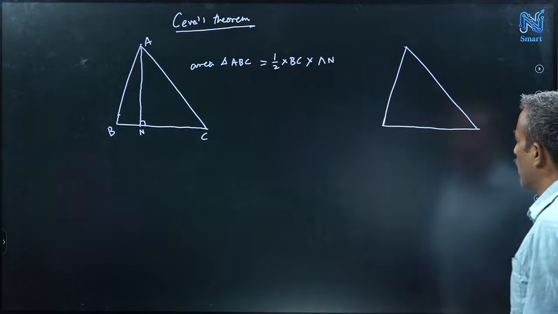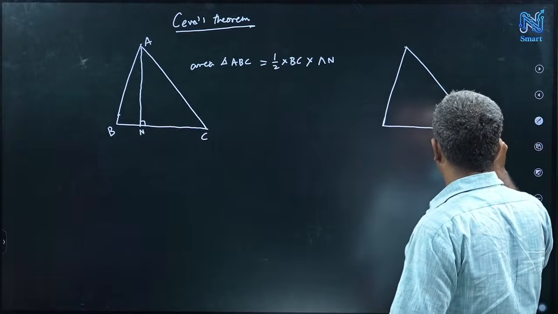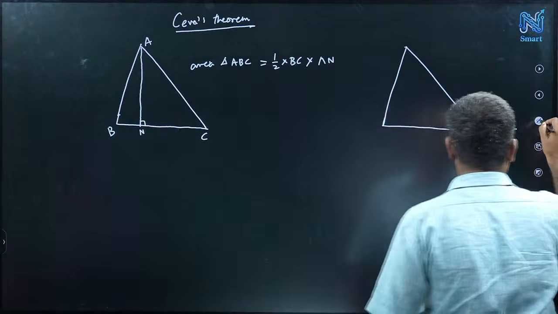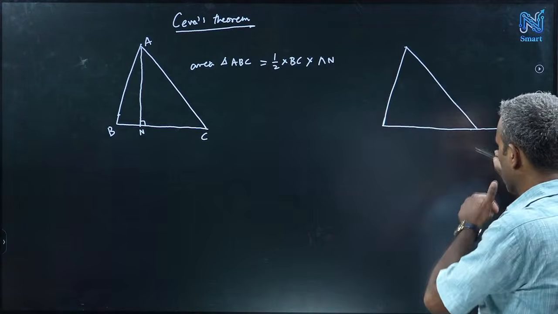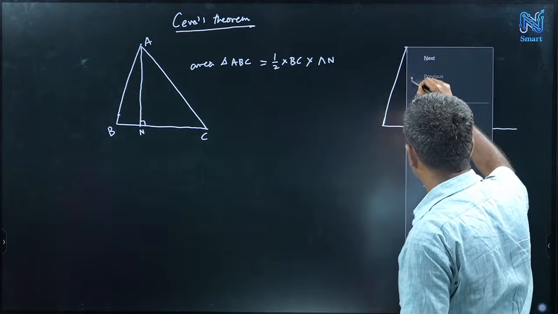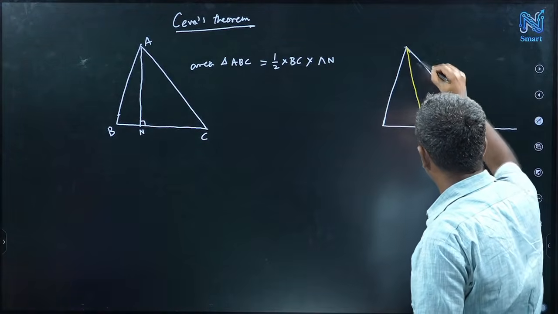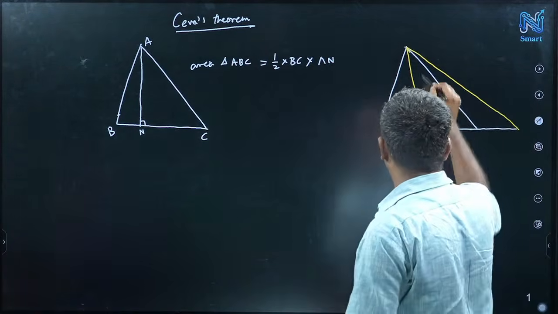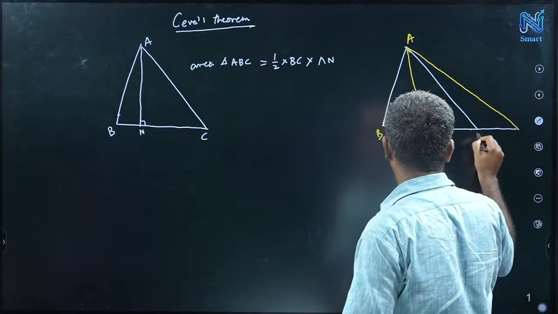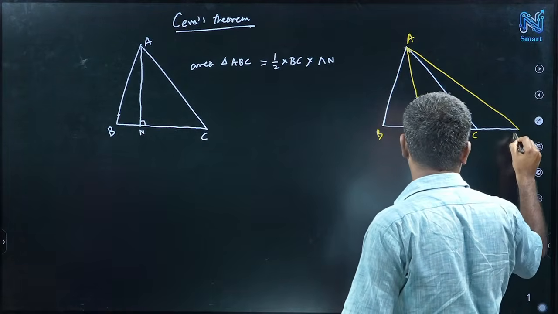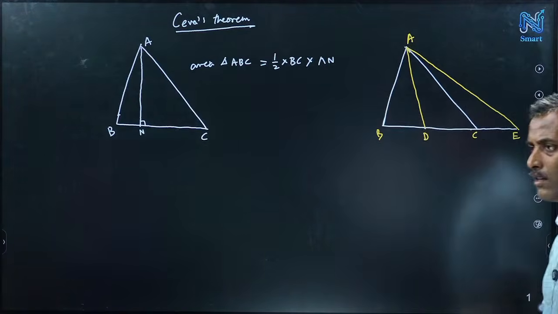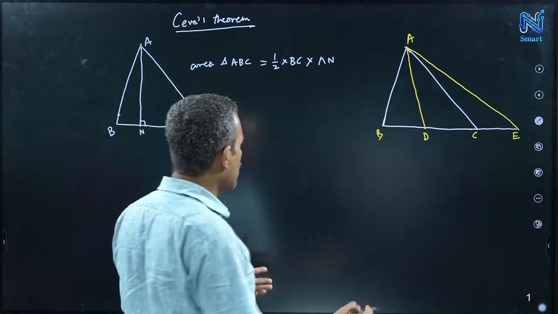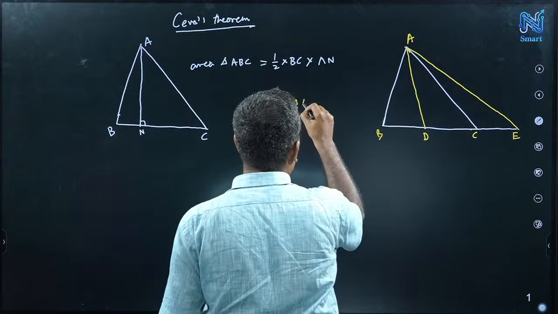Now the consequence of this theorem is, if we have two triangles, one triangle is ABC, another triangle is ADE. Since the height is the same for both triangles, what is the ratio of the areas of the two triangles?